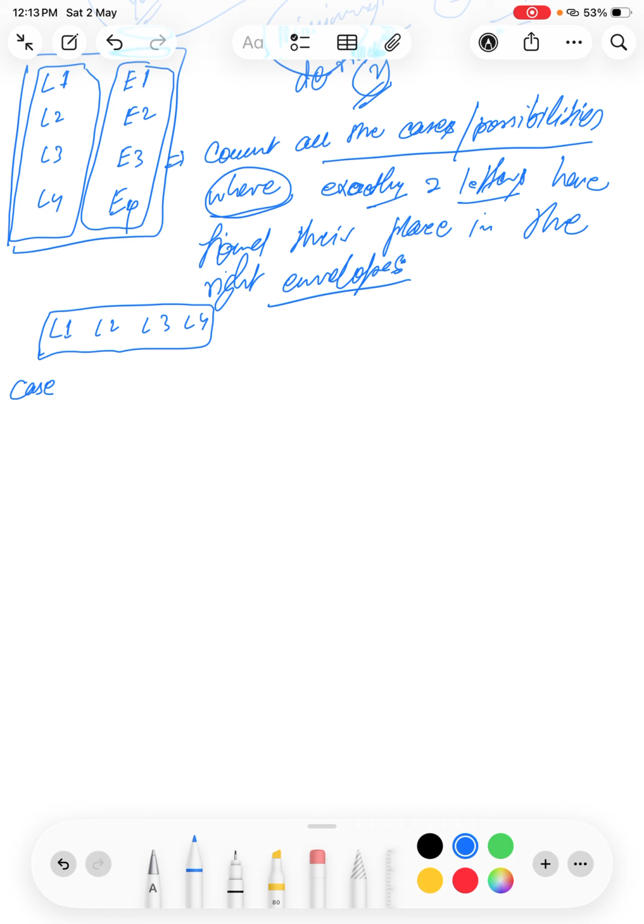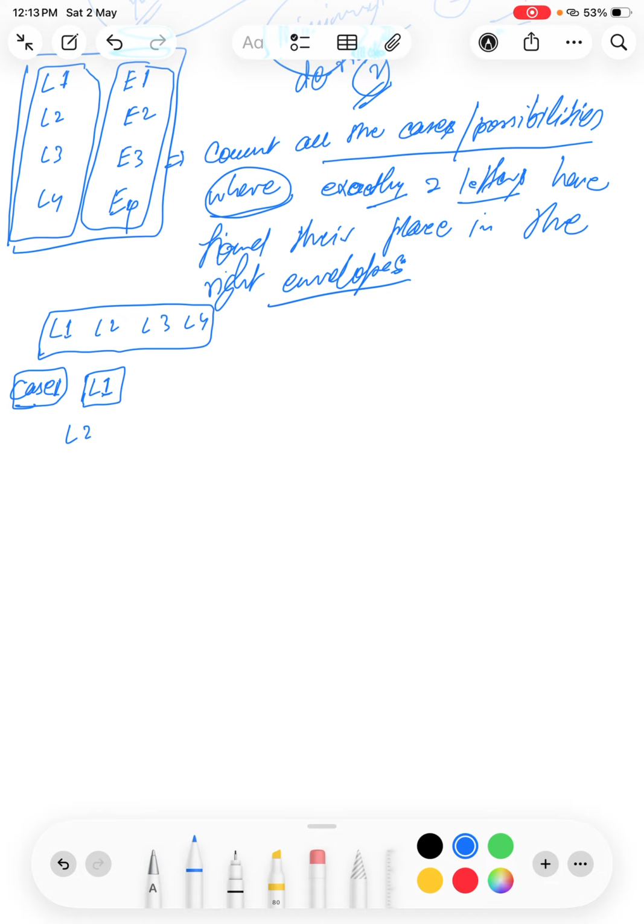First, in the first case, I am taking L1. That L1 is in the right envelope. I have to pick now the other letter along with L1 which is in the right envelope.